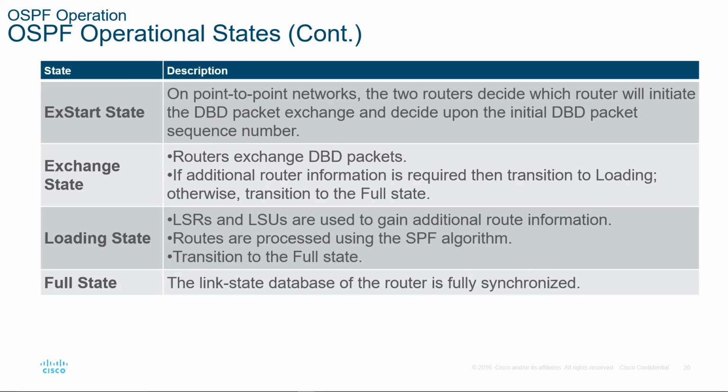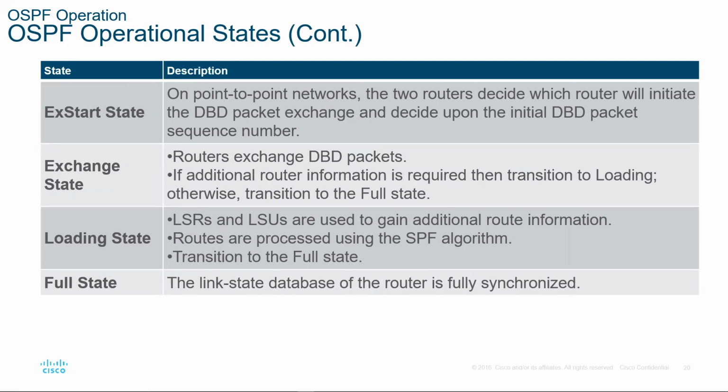Exchange state is where the actual database packets are exchanged and the routers will request additional information. And as this is being absorbed, it transitions into loading state where your requests and updates for specific information are sent and received.